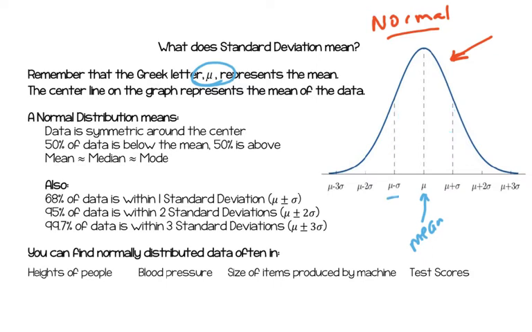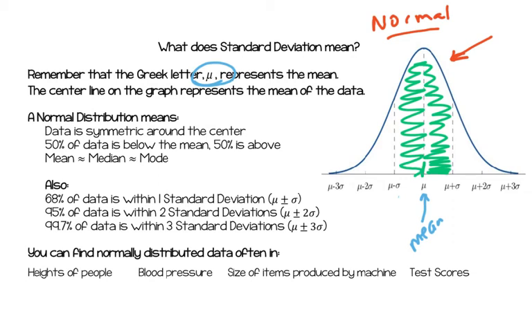In our normal distribution, and this is true for any normal distribution, if you go from the mean to the right a standard deviation, or to the left a standard deviation, then in that much space there is 68% of the data. If you go an additional standard deviation, so you're out 2 standard deviations from the mean, that gives you 95% of the data.